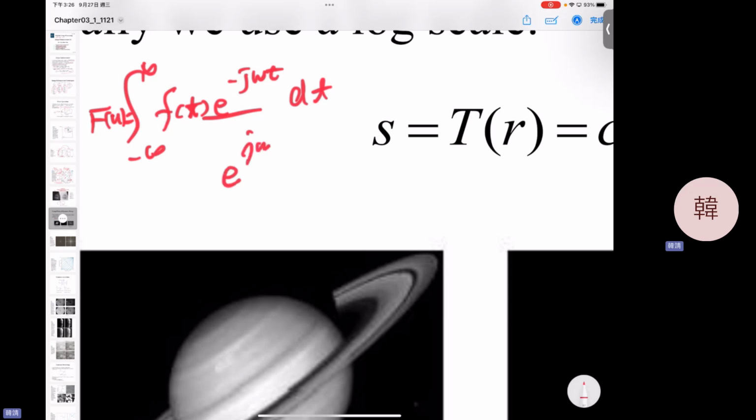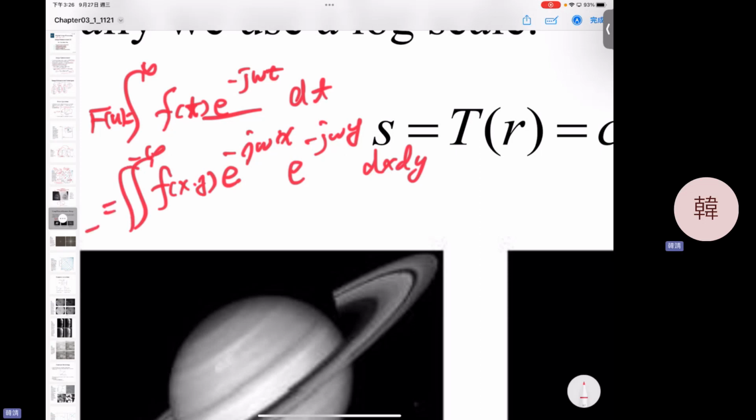For the image, f of x, y is integrated to become F of u, v. That's the Fourier transform. But for a discrete image, it becomes a summation. So you can see we find an exponential kernel there.